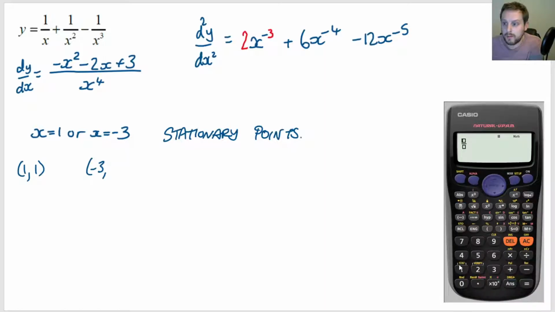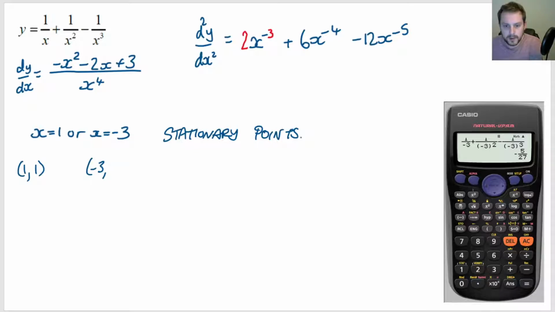We've got 1 over -3 plus 1 over -3 squared minus 1 over -3 cubed.